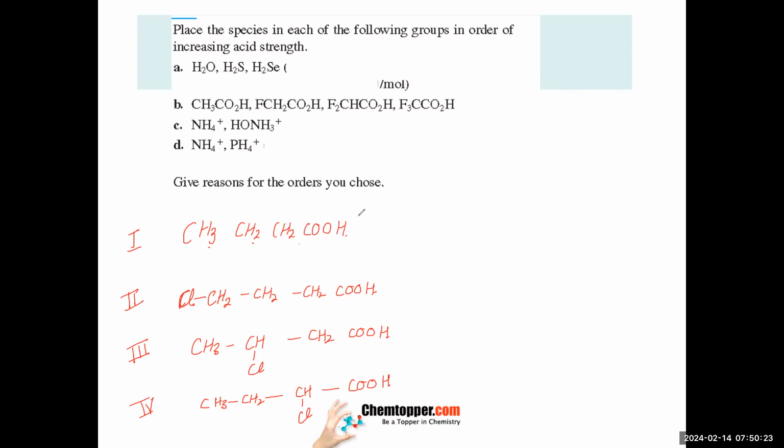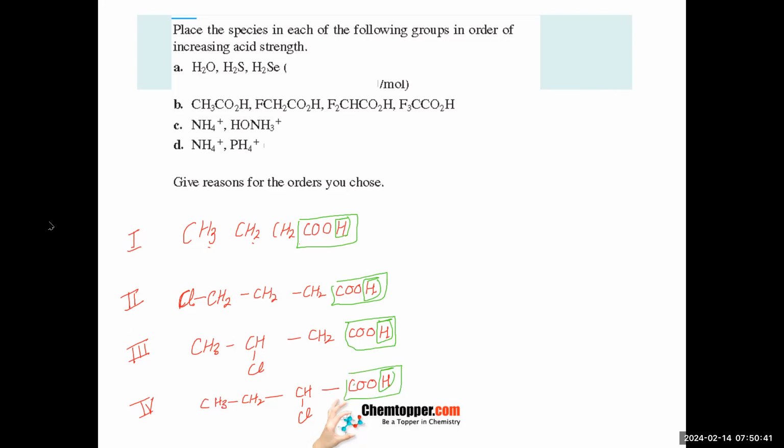See the change. This hydrogen is acidic, but this part is not changing. So focus on the change. The change can help you.